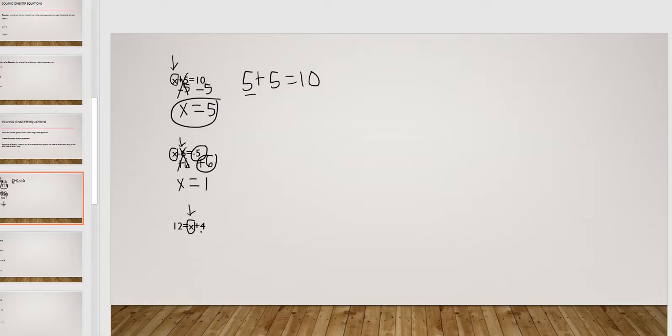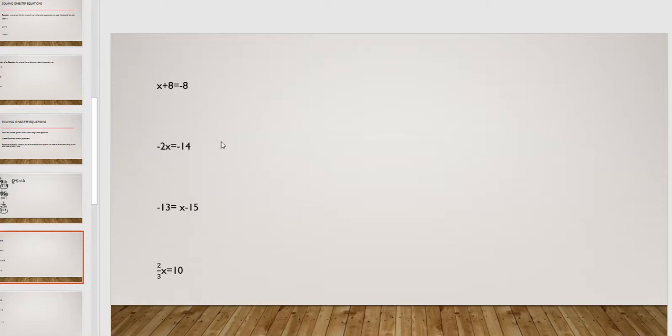And we're going to do that by getting rid of the plus 4, because that's what's on the same side as the variable. So in order to isolate the variable, we have to get rid of the plus 4. To get rid of a plus 4, we use a minus 4 or a subtract 4. And whatever we do on one side of the equation, we have to do the same thing on the other side. X equals 8 is our solution.